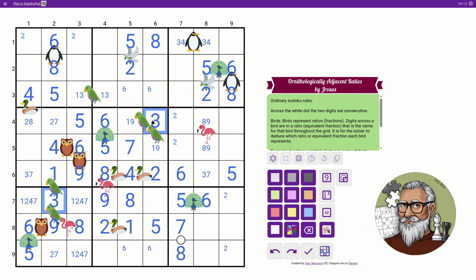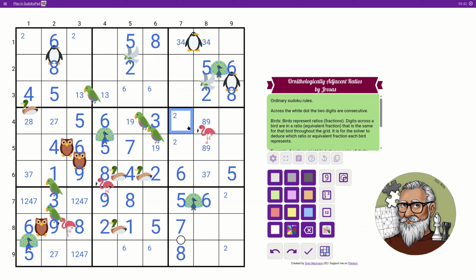Oh, 3. 3 could be interesting because there's 2, 3 here. Oh no, this could be 3. That's not. Ah, one of those is 3 though. So one of these is 3. Is that really interesting? Wow. 4.